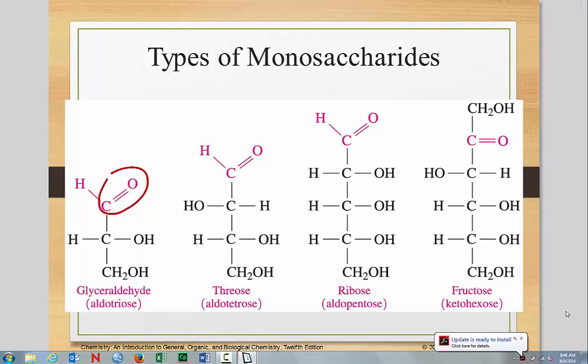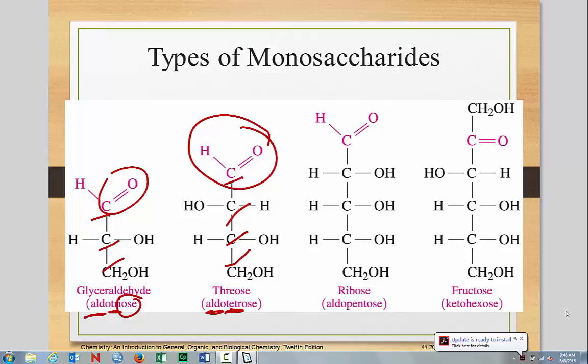There's 1, 2, 3, so it's aldo, tri for 3, ose for sugar, so aldotriose. Another aldehyde, 1, 2, 3, 4, aldo for aldehyde, tetra for 4, ose for sugar. Aldehyde with 1, 2, 3, 4, 5, so aldopentose.